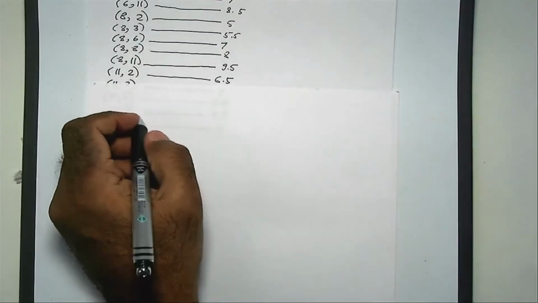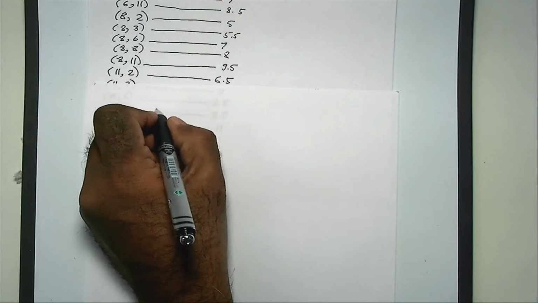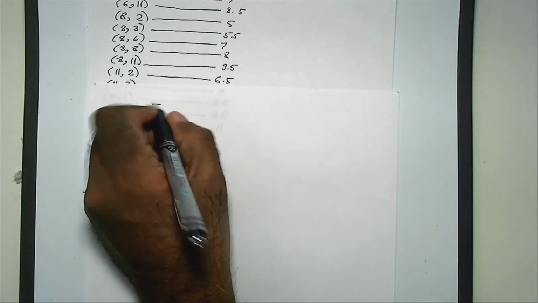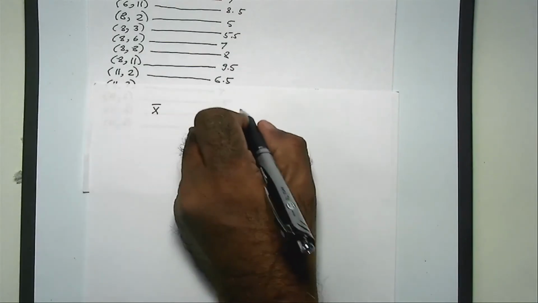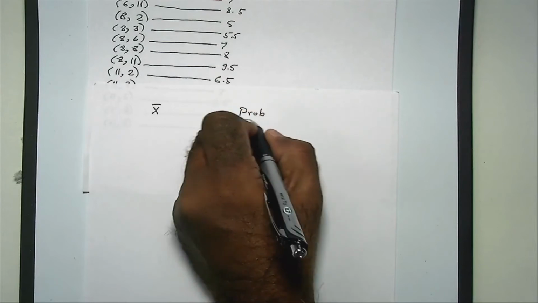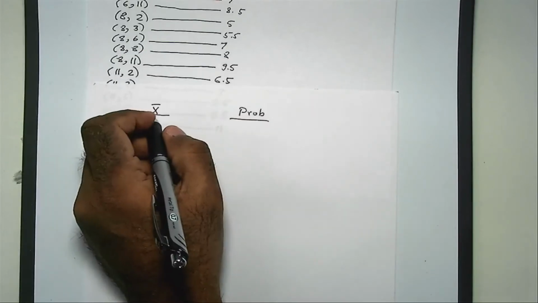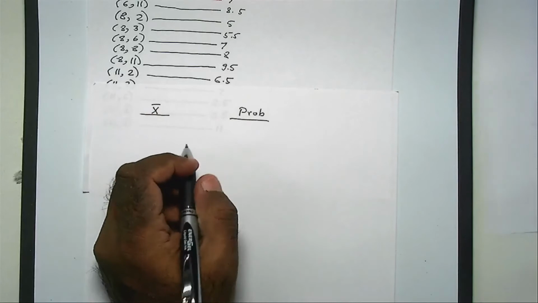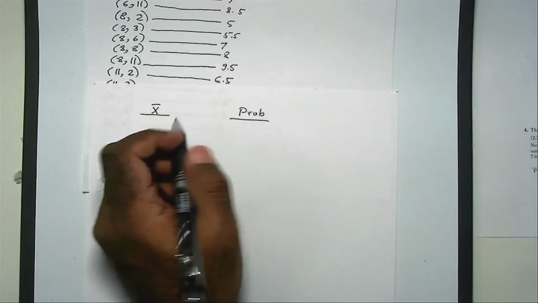All right, let me keep this table here. Now from this table, you have possible values for X bar, right? And you have the corresponding probabilities. Now the possible values for X bar, the ones you've seen in the previous table, are these.